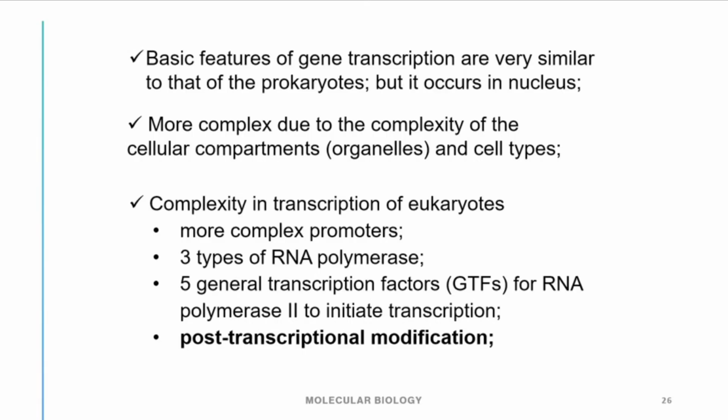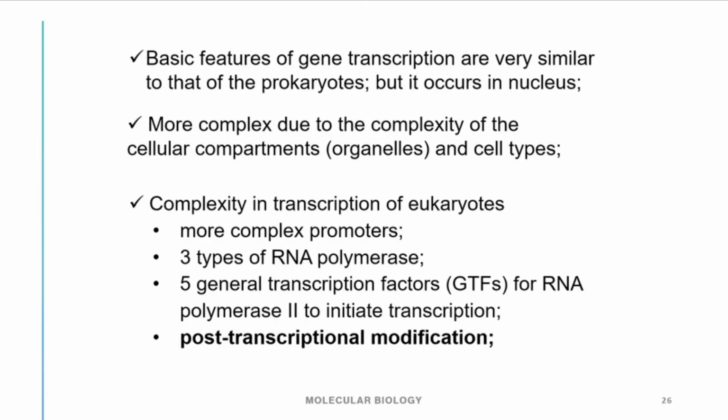Okay. So some of the complexity in transcription of eukaryotes comes from promoters, which are more complex, more kinds of RNA polymerase present to transcribe different kinds of RNAs, and the use of transcription factors to initiate transcription.